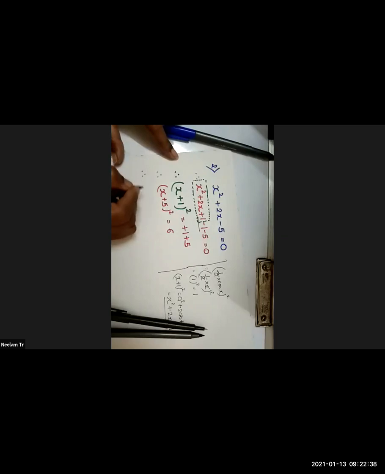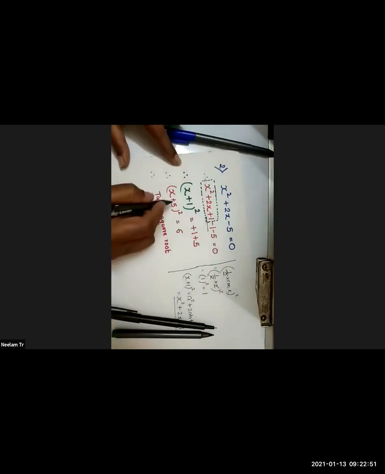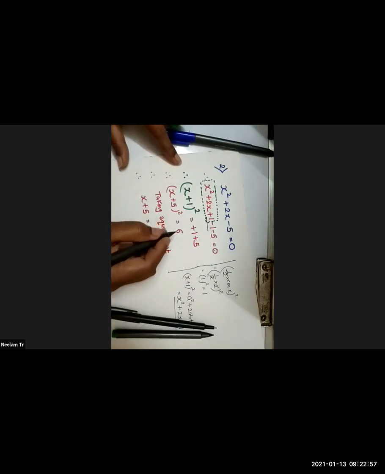Yeah. Now, taking square root, what you will get? x plus 5 is equal to, the root ka value will come in plus and minus root 6.